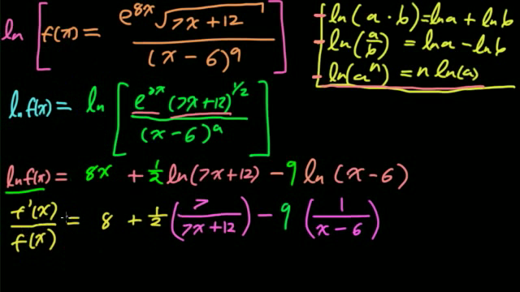One thing I should say before I go too much farther is I misspoke in the last video, and I said that we had gotten this pretty much down to the final form. We've done a good bit of it, but this is not the final form that the answer should be in, because remember, what are we trying to find? We're trying to find f prime of x, right?